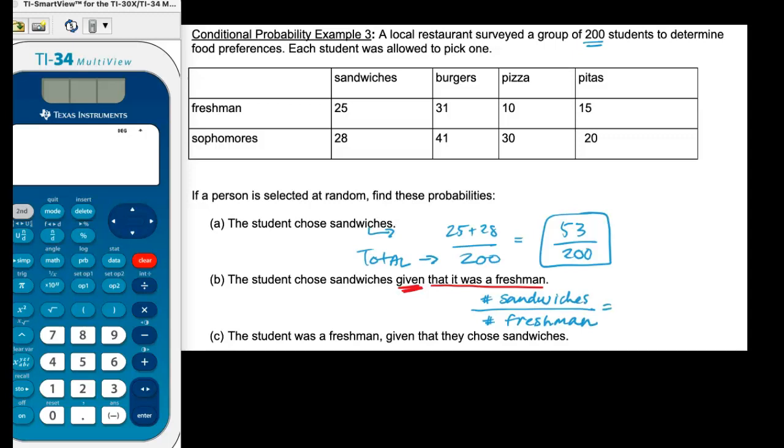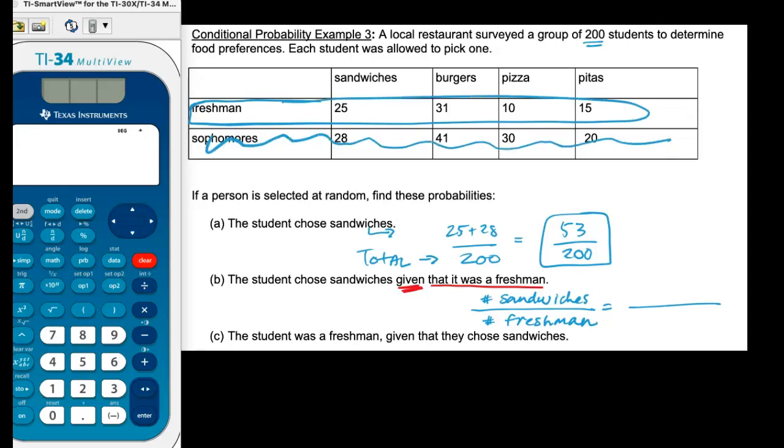So I'm going to look at my table, and I'm going to figure out how many freshmen there are. So I'm just going to look at this row, and I'm not going to look at the sophomore row. So I'm going to add the 25 plus 31 plus 10 plus 15. I'm going to add those all together, and I end up getting 81.